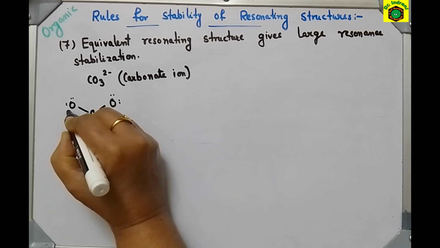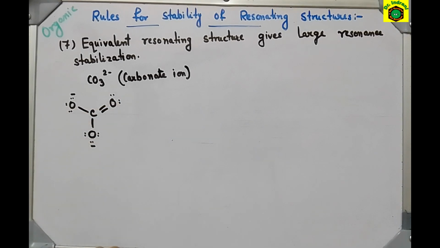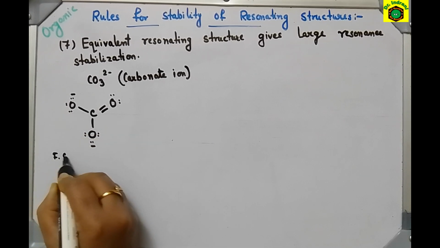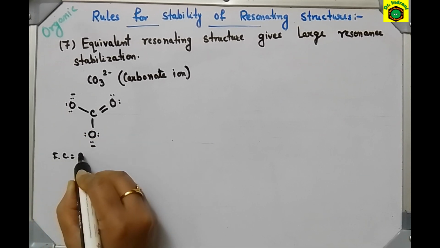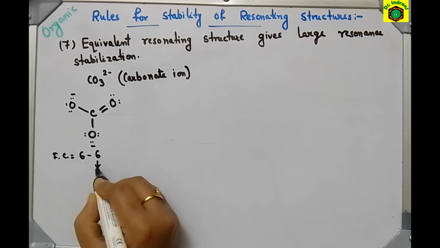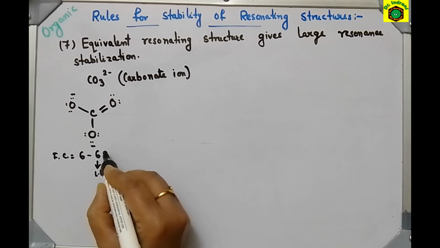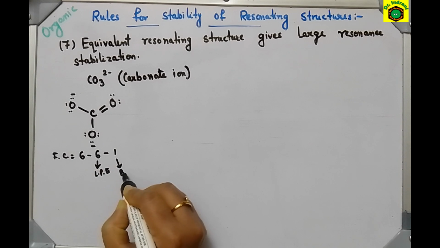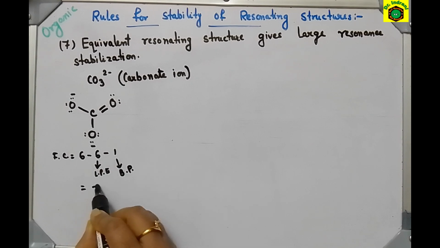If you calculate formal charge, it is coming negative, because here see, formal charge, oxygen is having 6 valence electrons, 6 lone pair electrons, and one bond pair. So totally it is coming -1.